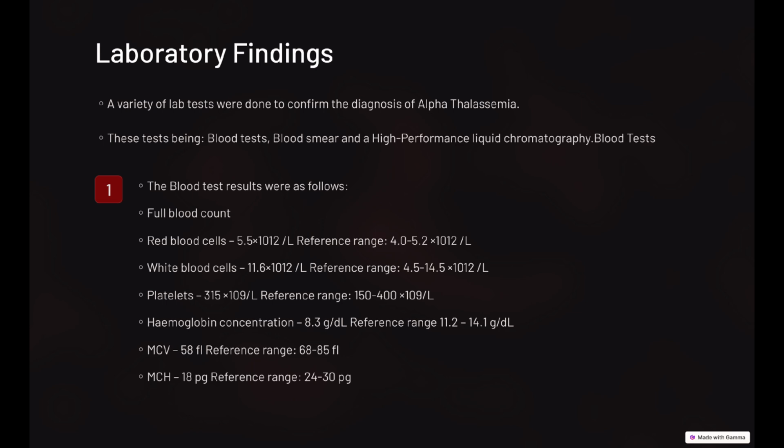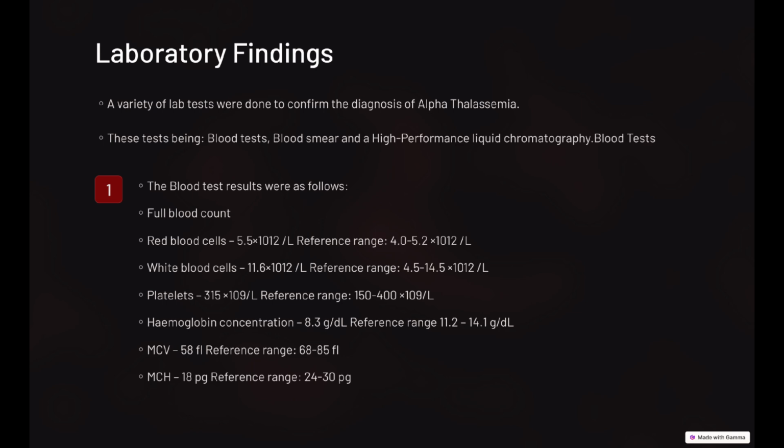The blood test results for the patient were as follows. In the full blood count, red blood cells were 5.5 times 10 to the power of 12 per liter, this being above normal range. White blood cells were 11.6 times 10 to the power of 9 per liter, this being within normal range.